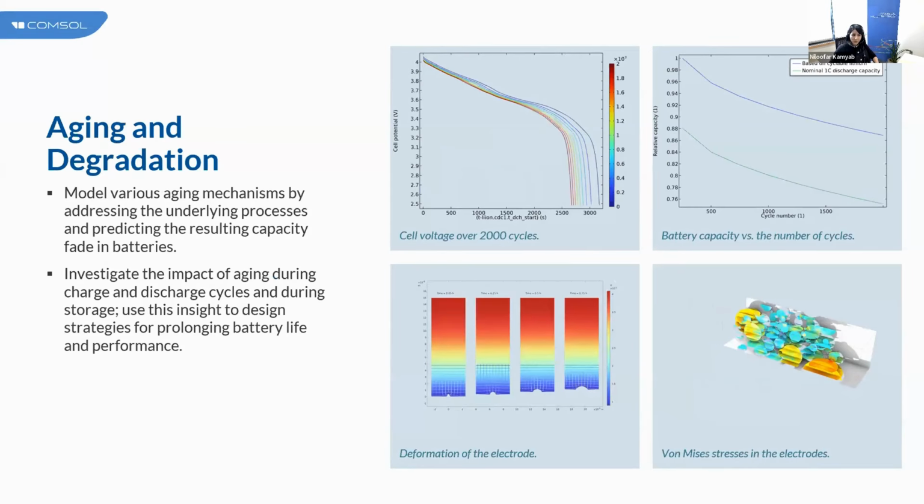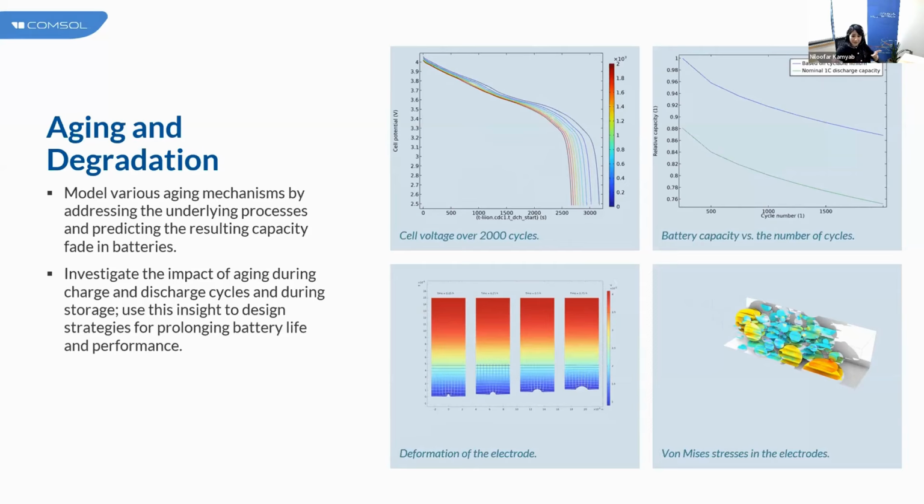Aging and degradation. It would be great if the cell wouldn't degrade, but that's one of the main issues with batteries. Even if you don't cycle them, if they're sitting on the shelf, they lose some capacity over time. So battery folks are concerned with this degradation in terms of calendar life and cycle life. If you're cycling them, you want to know how much capacity you're losing. That's the most important thing, but also what it leads to.